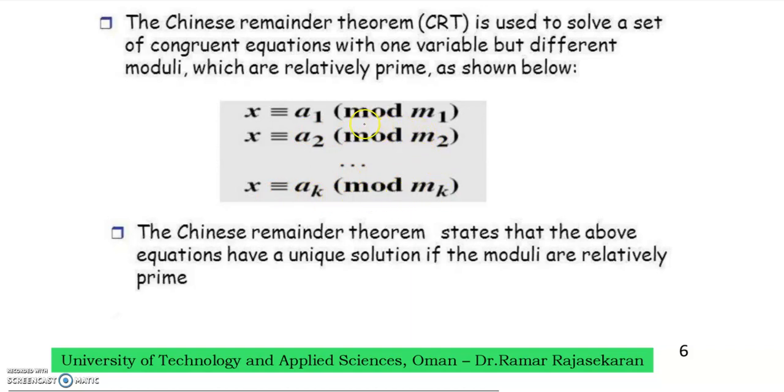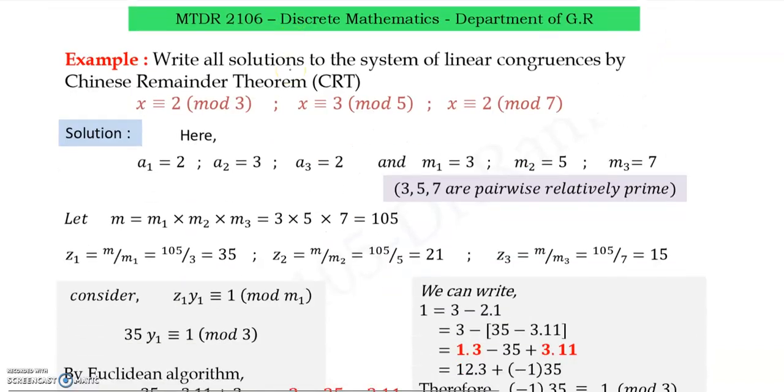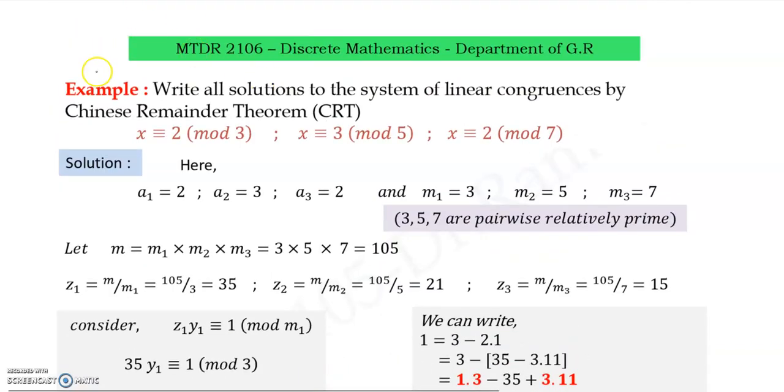These are the set of congruent equations with one variable x. The Chinese remainder theorem states that the above equations have a unique solution if the moduli are relatively prime. Suppose these modulus values m1, m2, mk are relatively prime, then the Chinese remainder theorem says that this has a unique solution. We'll see an example for the CRT.